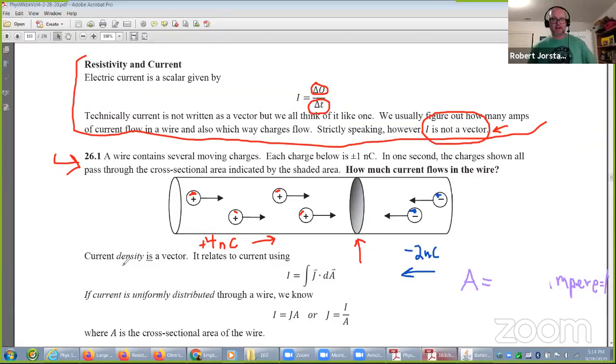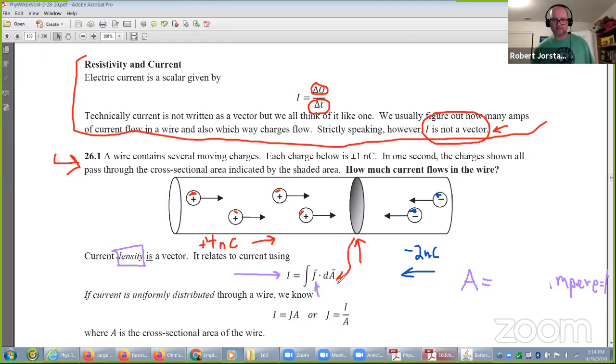Now notice this next one. Current density is a vector. Well, let's take a look here. This is the equation for current density. J is the current density vector, and dA would be this area right here.